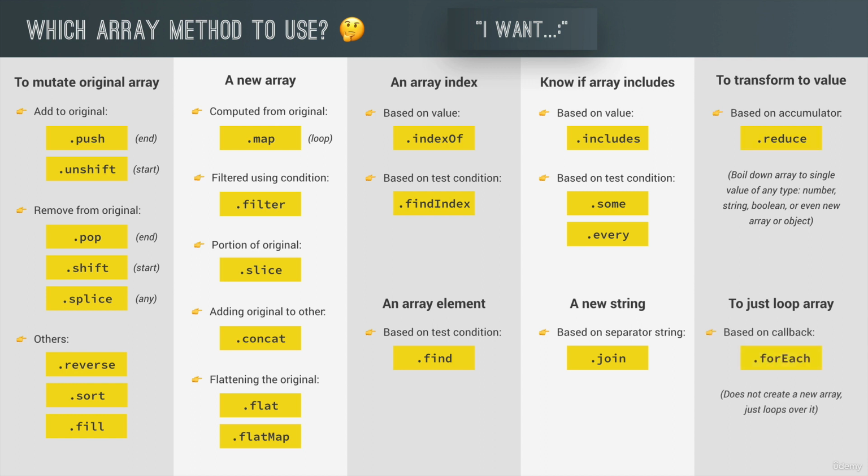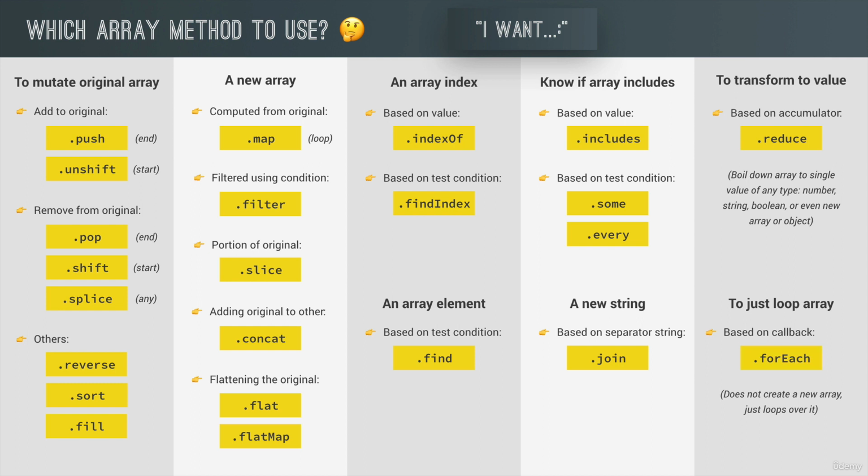Now, if all we want to do is to just loop over an array without producing any new value, we use the forEach method. So remember, this one does not create a new array, and in fact, it doesn't create any new value. All we do in the forEach method is to basically just do some work, but not produce a new value. All right, and that's it.